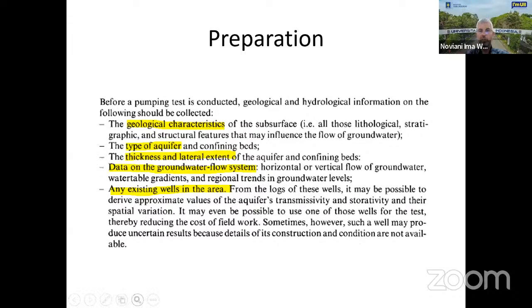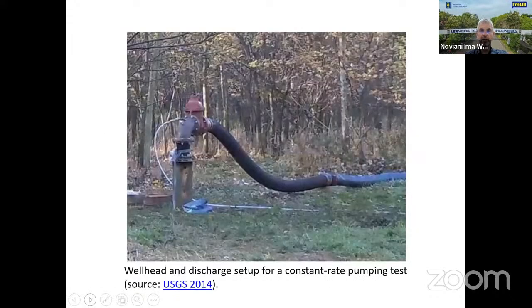So this is the type of homework I need to do before I go out in the field, before I actually do the test. Some of this information is readily available from maps or books or other reports. Some of it may require that you go out in the field first, do some mapping, do some investigations. When all this is done, then you're ready to plan for the aquifer test.